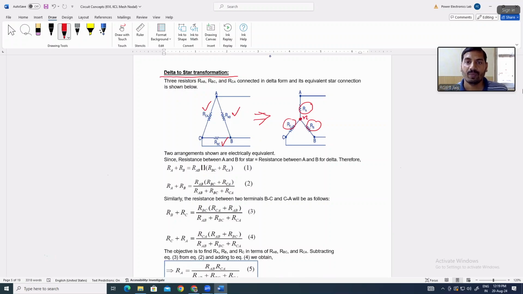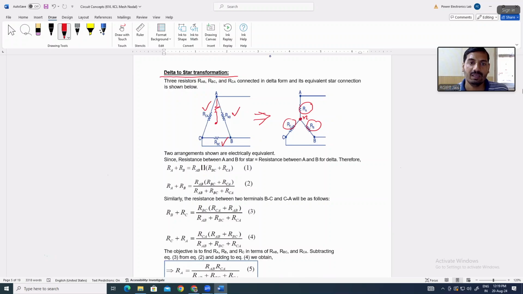Okay, all elements will have one endpoint connected together. As an example, you can take this point as a common node. Between A and the common node, you have to take a resistor.